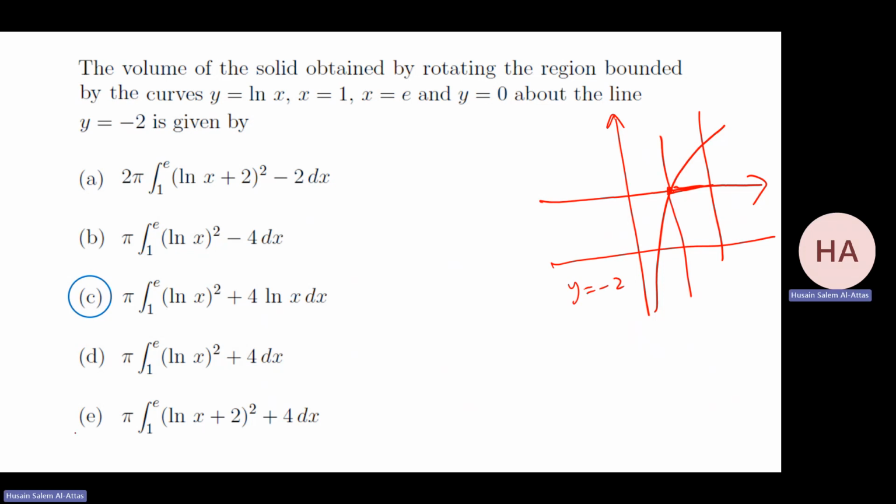Okay, so about the line y equal -2, perpendicular to it, we'll do this. So I have R of x, which will be what? ln x minus -2, and that will be 2 plus ln x.